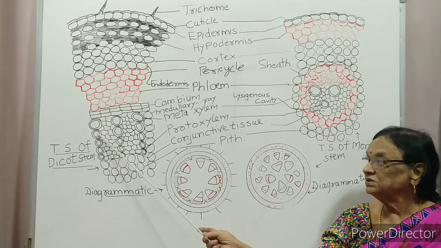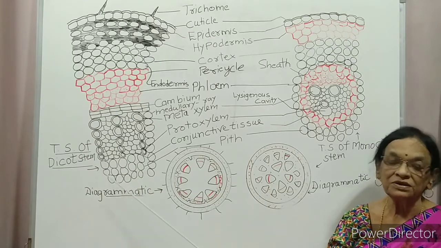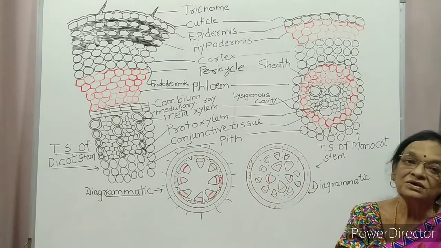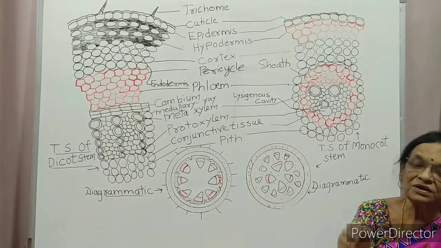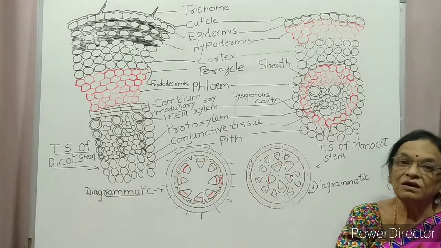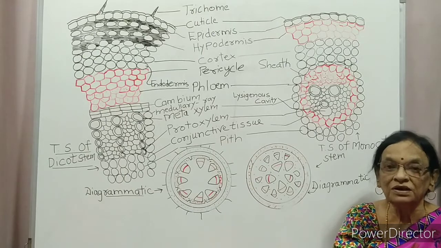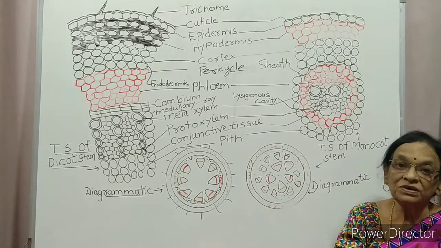What is this round structure? Xylem vessel. You have studied that xylem is cylindrical, and when we take a transverse section of a cylindrical organ, it is always round.